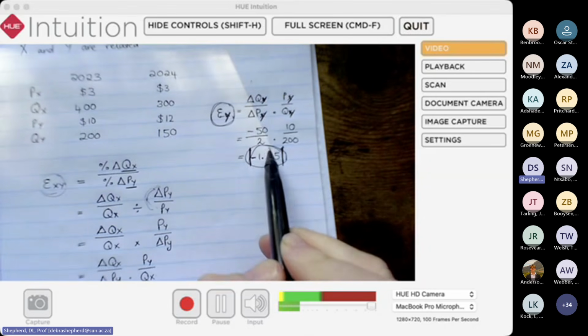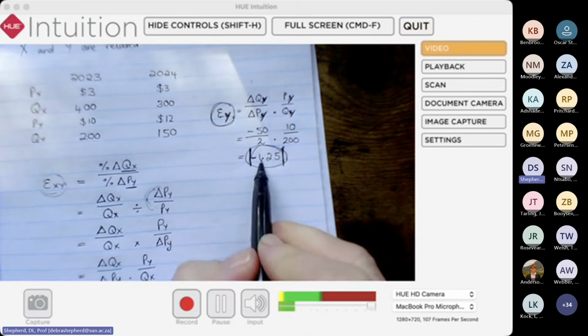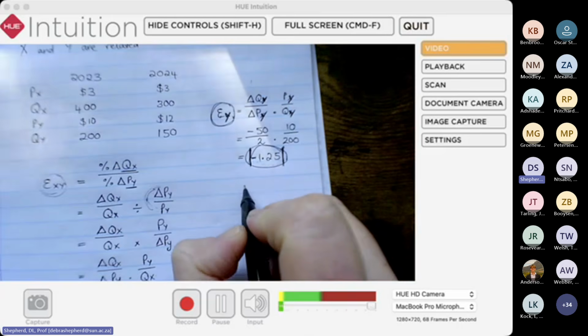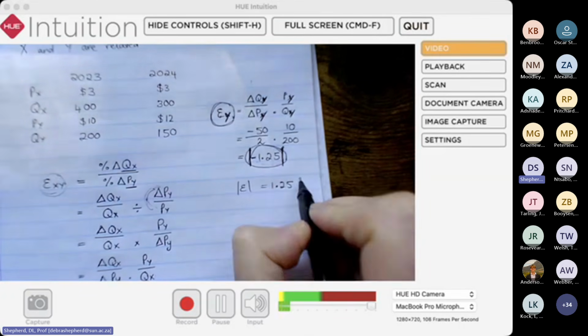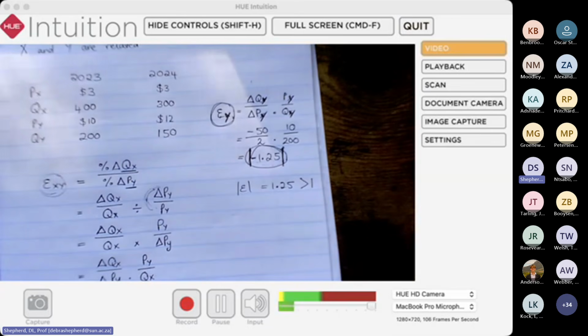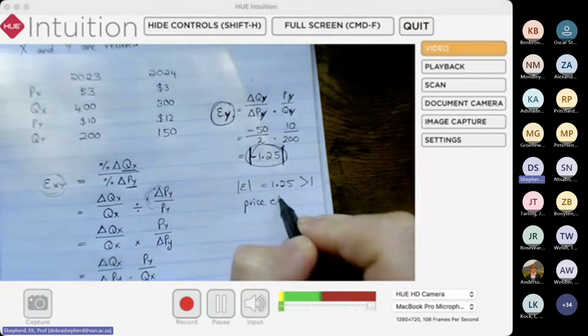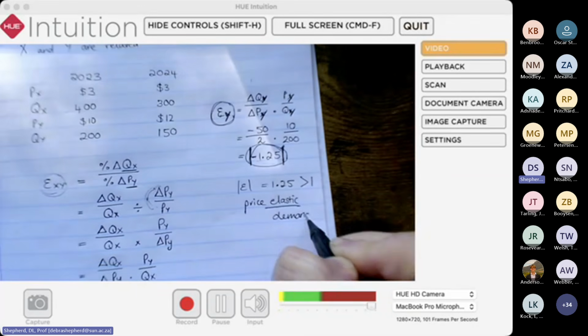What we want to judge then is the magnitude of the relationship. So we see that in absolute terms, the elasticity is 1.25. So it's greater than 1. And if we have a price elasticity of demand value that is greater than 1, it tells us that this product has price elastic demand.